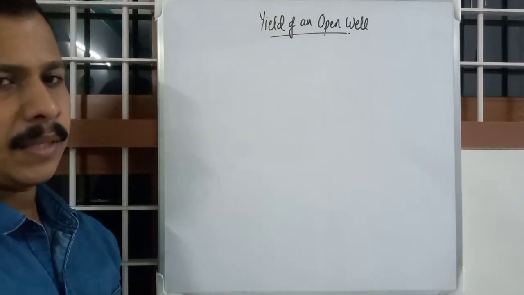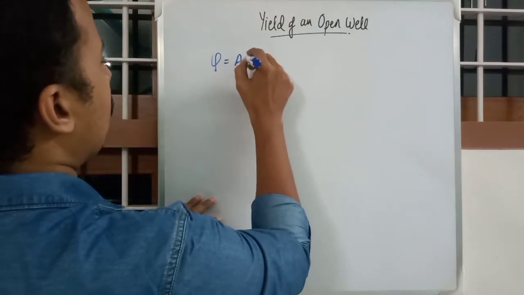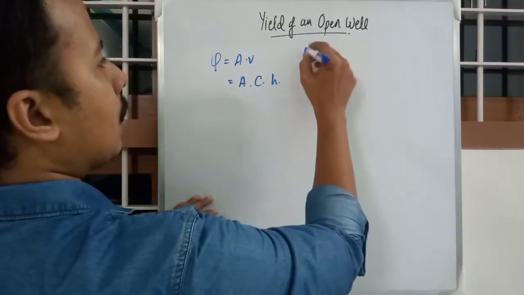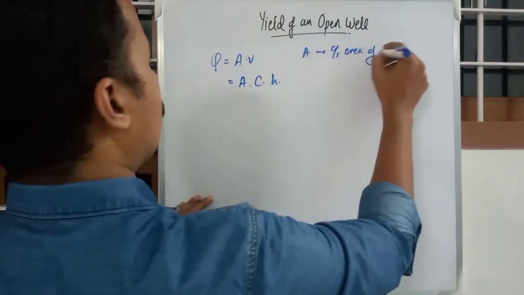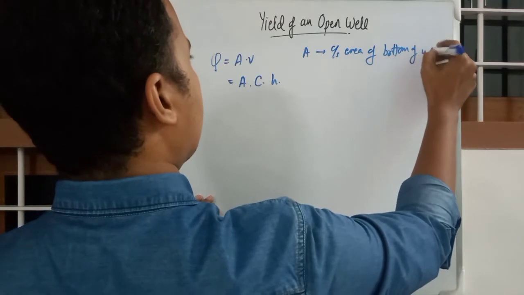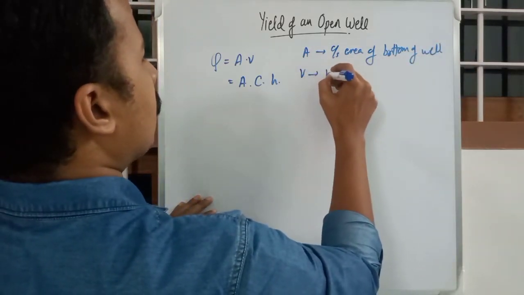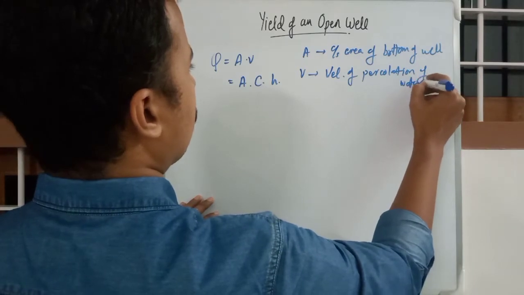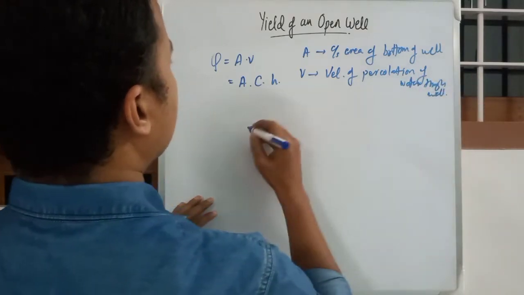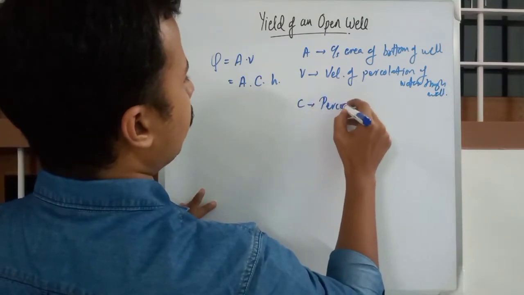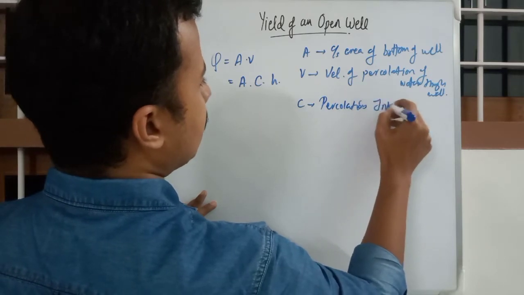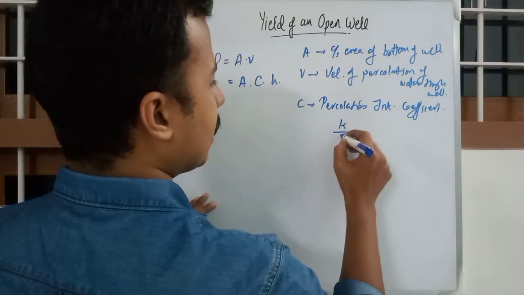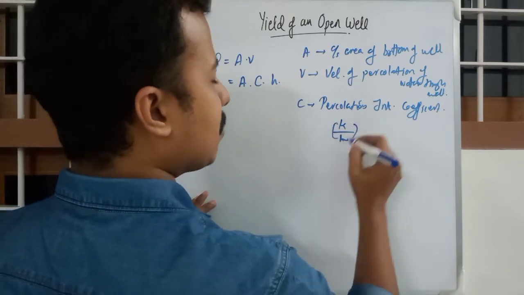So for constant water level method, we have an equation Q is equal to A into V, or you can write it as Q is equal to A into C into H, where A is cross sectional area of bottom of well, V is velocity of percolation of water through well, C is percolation intensity coefficient, or it can be expressed as K by H or K by L, that is permeability per head.